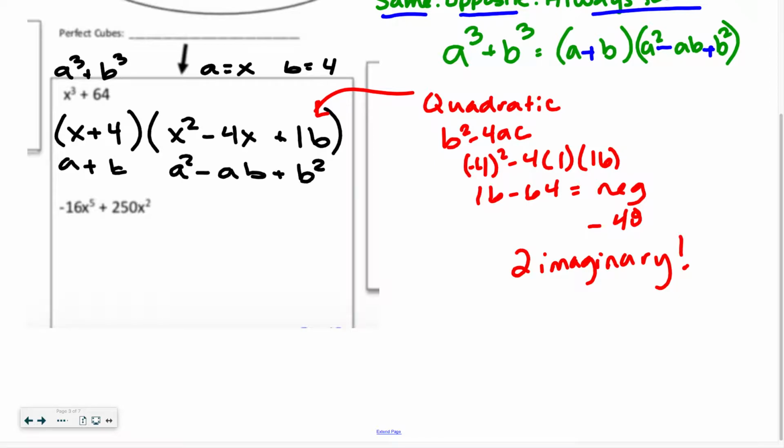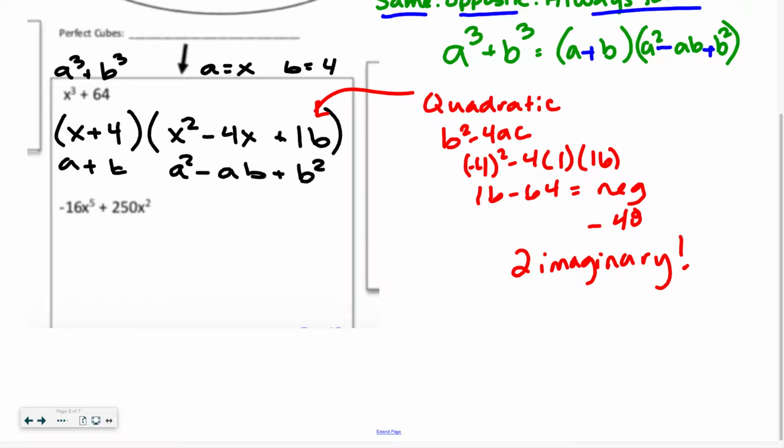No. Are either of those x's on the list of perfect cubes? No. And maybe 16 is a perfect square and x squared is a perfect square, but the other numbers aren't. So before I give up on this, what should I check for? Greatest common factor.